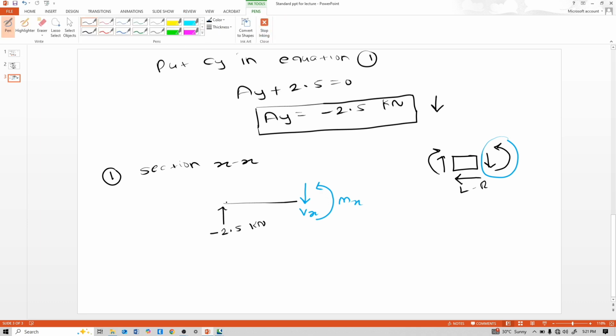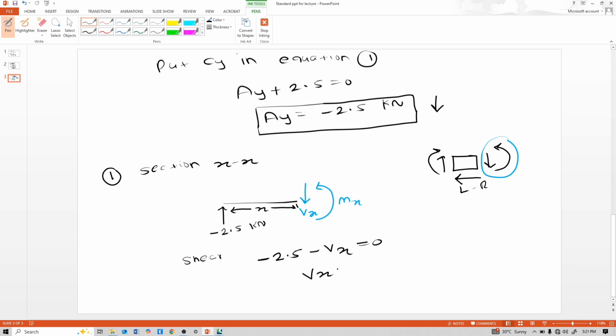We don't know the distance, so let's assume this as an x distance, and we need to calculate this Vx. So this upward is positive, that means 2.5 kilonewton, and when the value is downward it is negative, so minus 2.5 minus Vx is equal to 0.